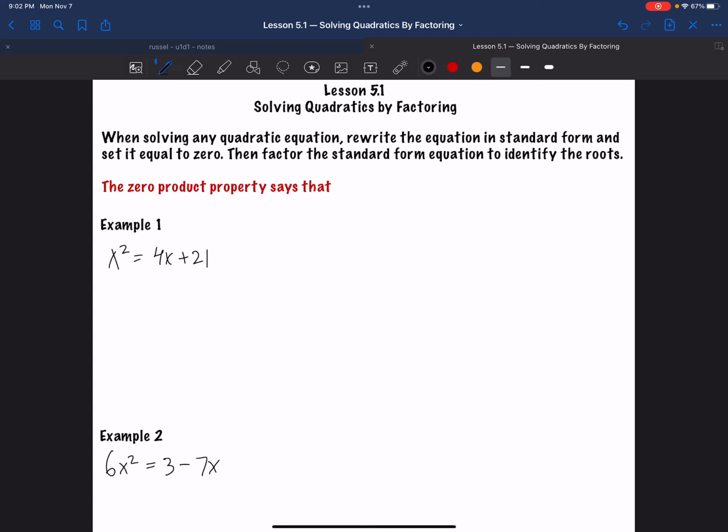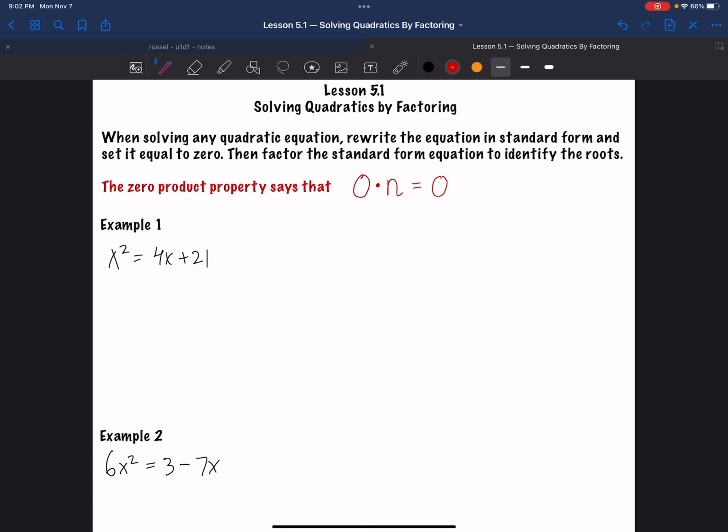Now, this is all going to use something called the zero product property, which is just a fancy name for a rule you've known and been using since grade school. 0 times any number n equals 0. This is what the zero product property says. If I have any number times 0, the result is 0.